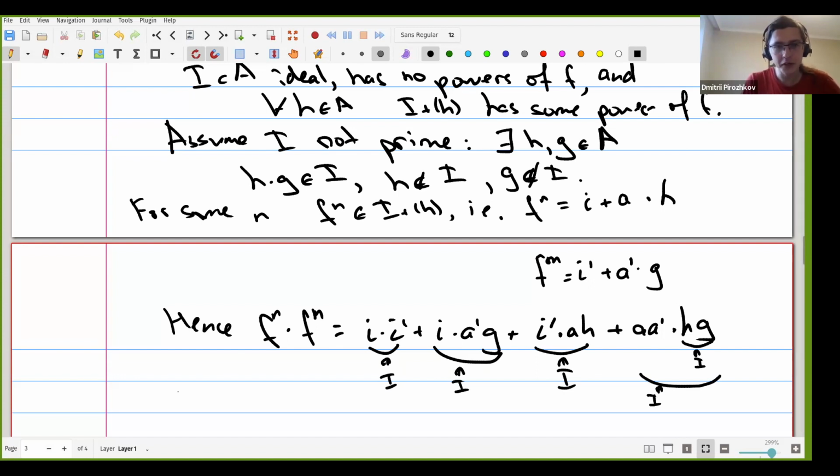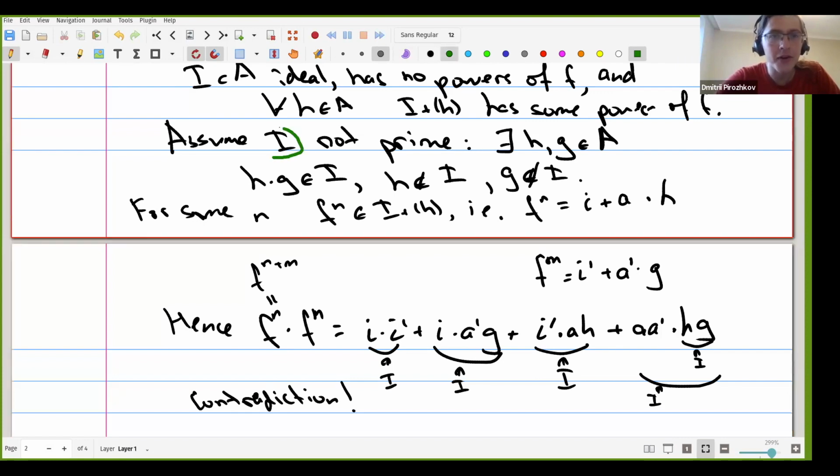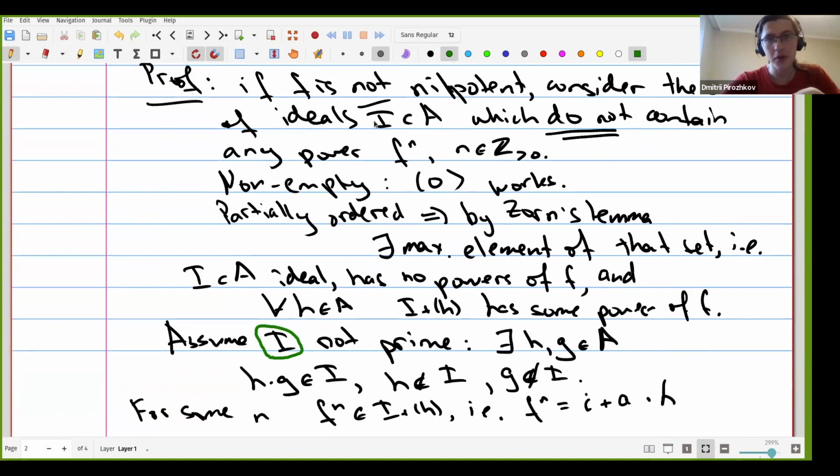But this is a contradiction, since we have assumed that no power of f lies in I, but here we have constructed an explicit power that is an element. Contradiction. So this means that the ideal I that we have constructed will be prime, and then any non-nilpotent element of a ring lives in some prime ideal.